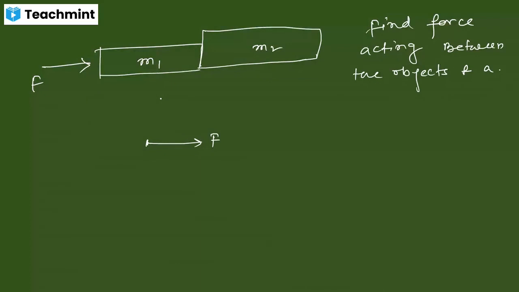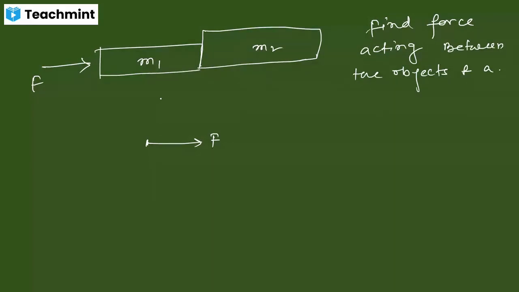Suppose you are traveling by bus, and the bus is fully packed. Suddenly the bus driver applies some brake. So all of you will feel a jerk and move in the forward direction. Each and every person will apply some force on the person standing in front of him or her, right?